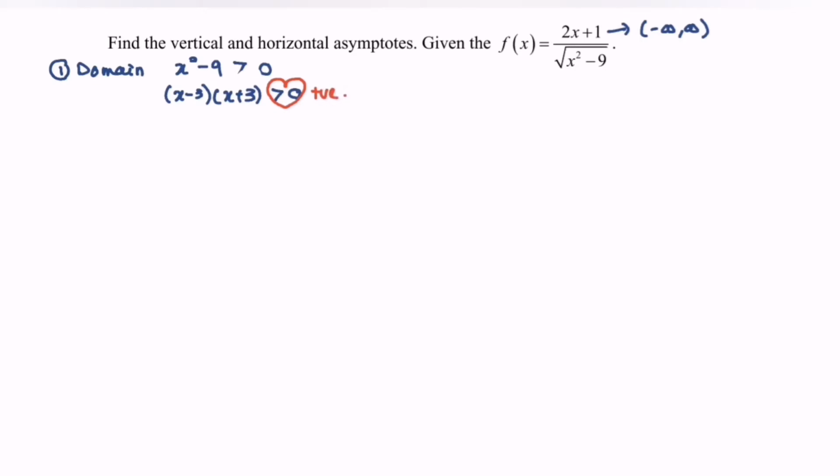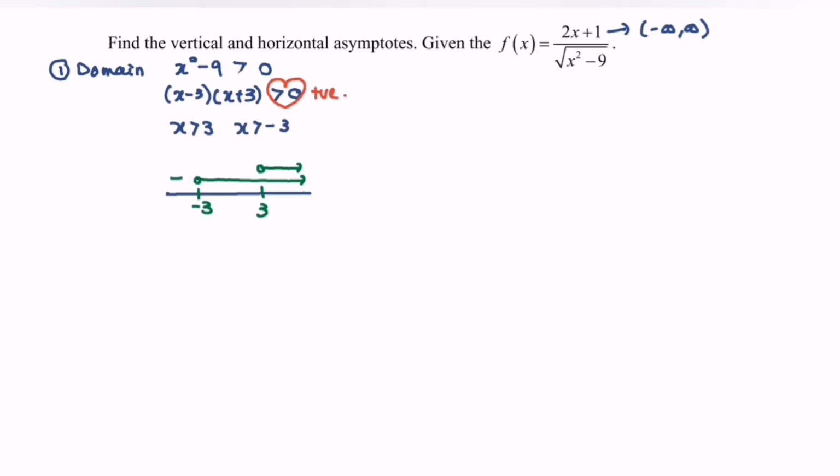Next, we split the factors and assume positive, so here we have x greater than 3 and x greater than negative 3. Now we have a number line, and kindly locate the values and express the situation.